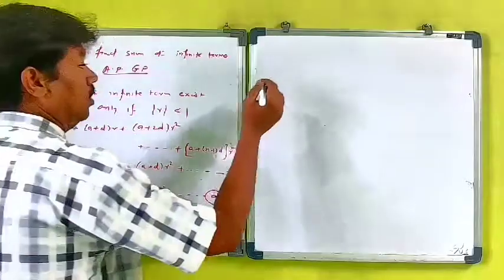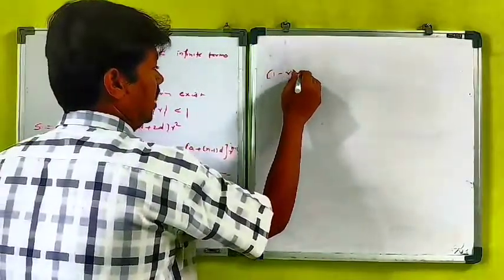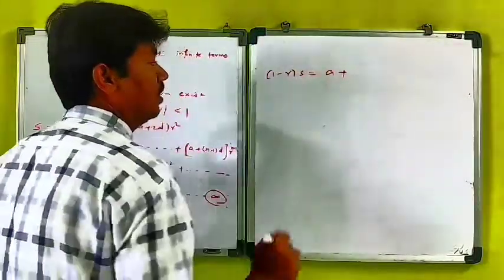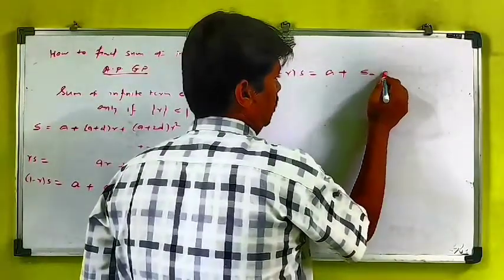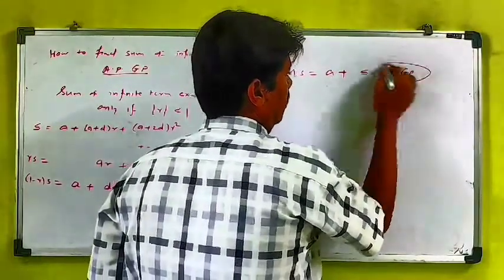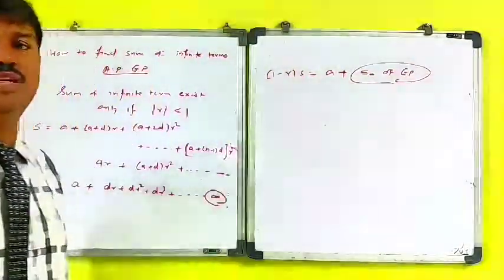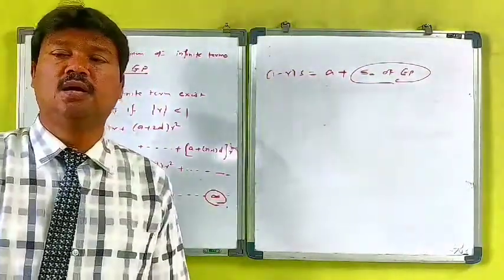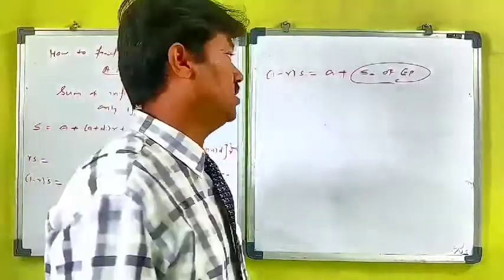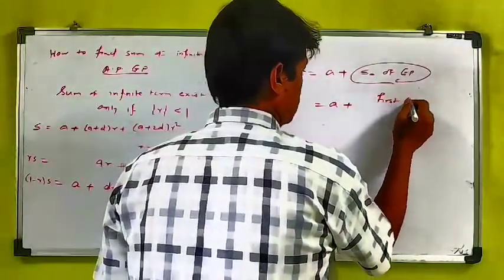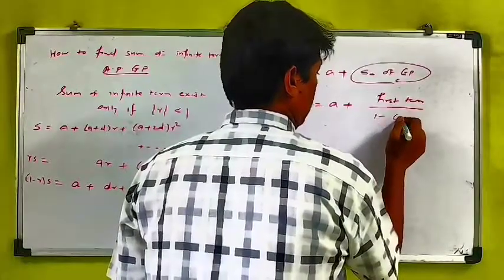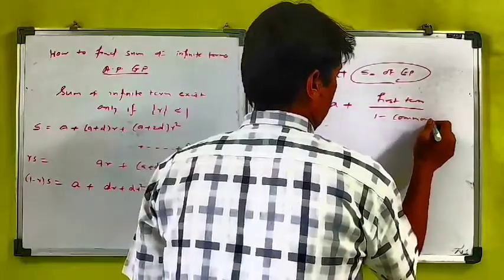So the answer will be what? 1 minus r into S equals a plus, use the formula S infinity of GP, which is nothing but first term divided by 1 minus common ratio, that is a plus whatever the first term, over 1 minus common ratio.